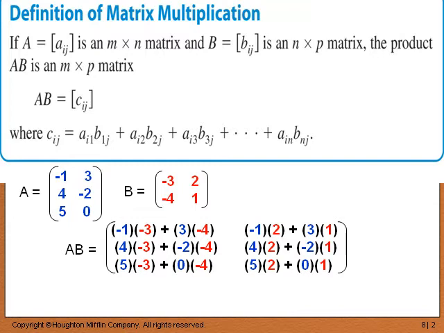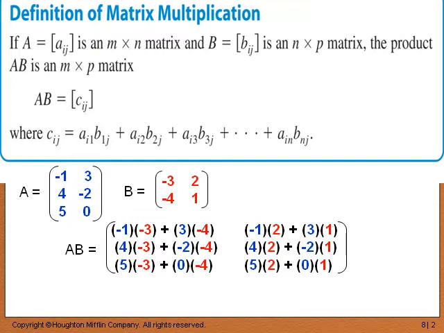And continuing the pattern, we're going to use the third row of the left-hand matrix A and the first column of the right-hand matrix B, 5 times negative 3 plus 0 times negative 4, gives us the element that's in the third row and first column of the product matrix.